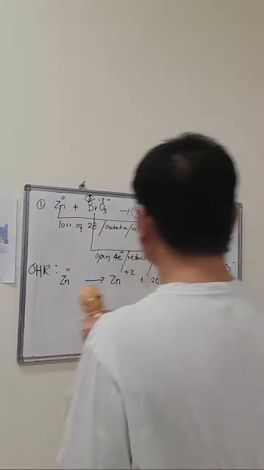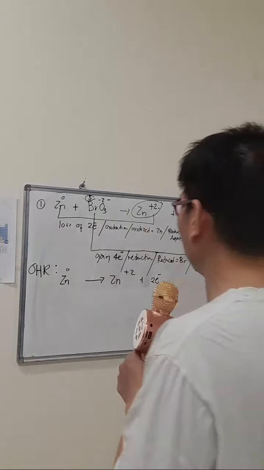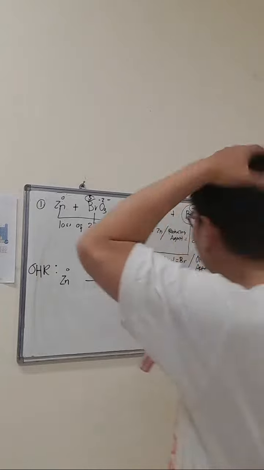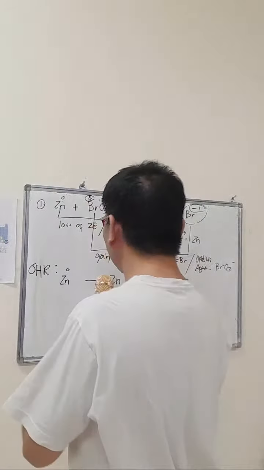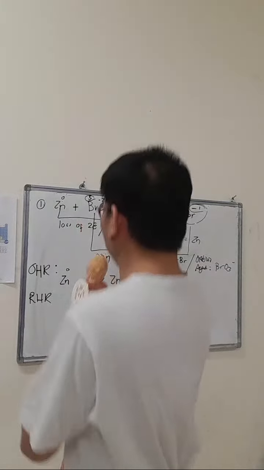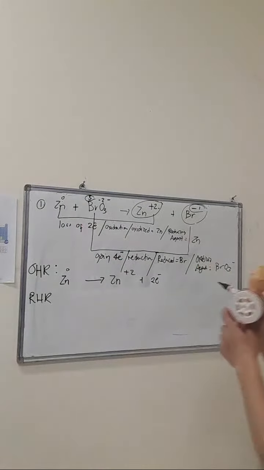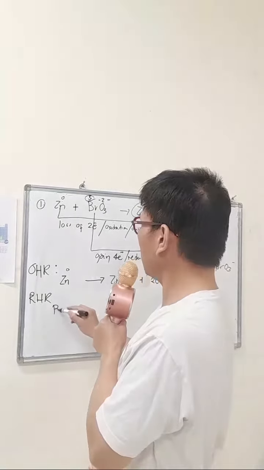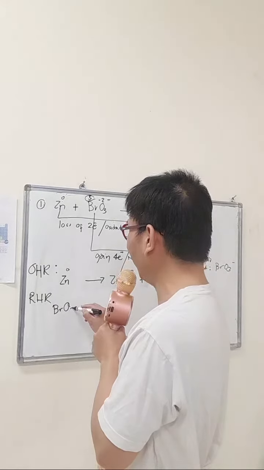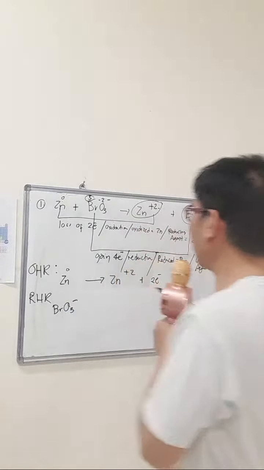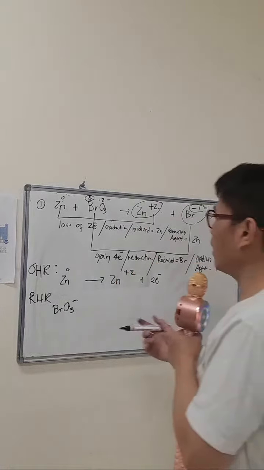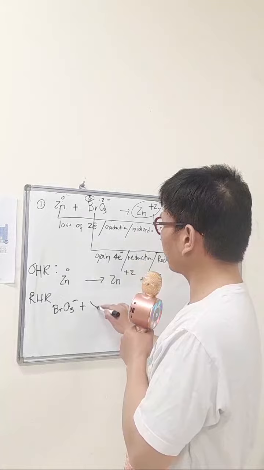Okay, now we have reduction. Reduction half reaction. We have now bromate. Now, this is gaining of electrons. Meaning to say, plus X here.